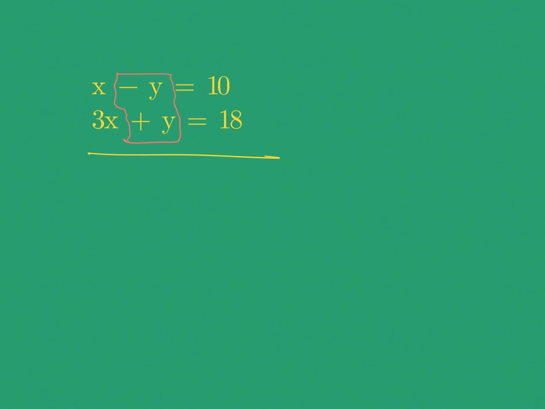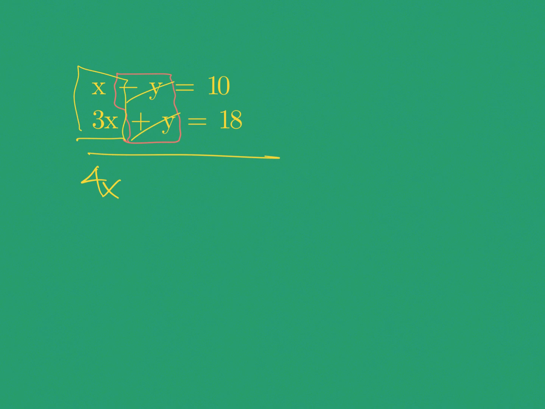We already know that negative y plus y goes away. They eliminate, and that is good. Right here, what's 1x plus 3x? 4x. 1x plus 3x is 4x.